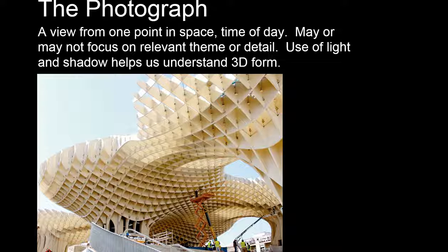Photographs are one great way of getting this flattened view of a three-dimensional object, and that's going to be one of the primary mediums that we'll be using when we're studying architecture in a PowerPoint format. Part of what I want to do with this course is to get you out on at least 3 field trips so that you're not just looking at flattened representations of three-dimensional things, you're actually walking through it.